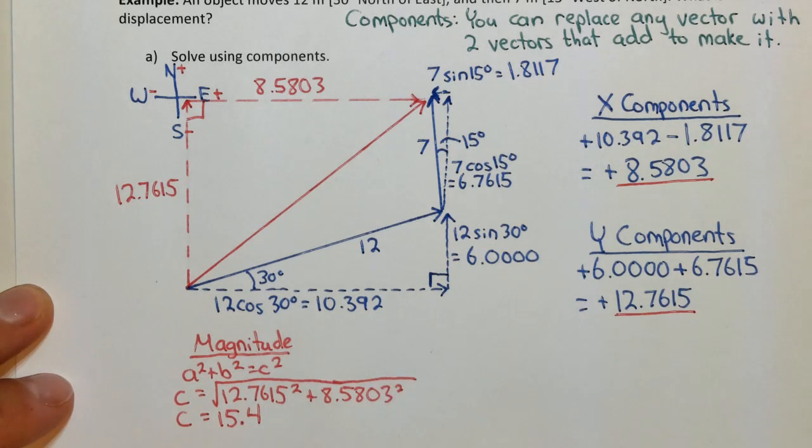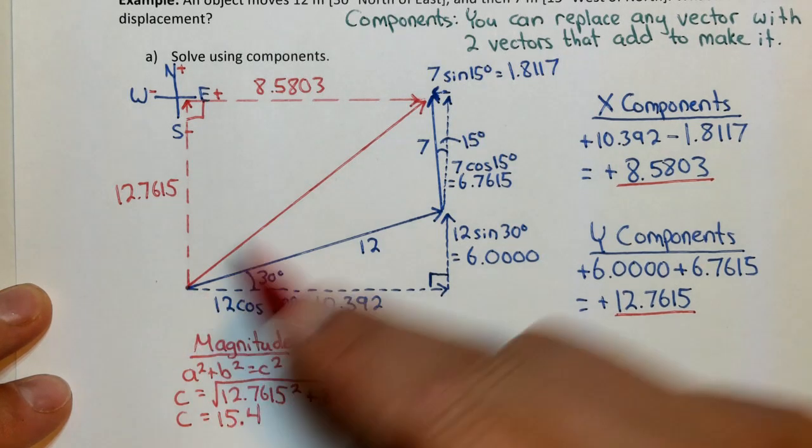So I get 15.4 as the magnitude of my resultant.